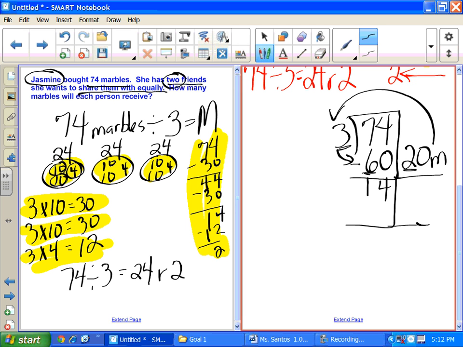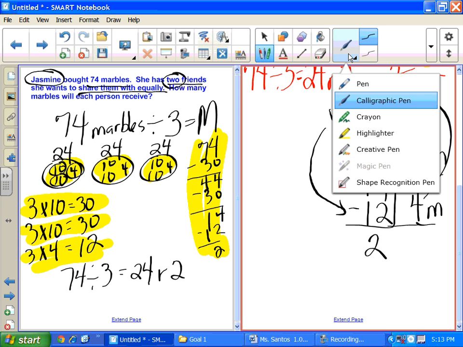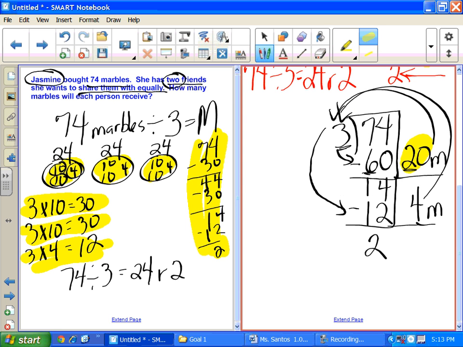We've already done this part, so we know that 4 marbles to each of the 3 people will use up 12 more marbles and leave us 2. As you can see, it didn't take us as many steps. Why? Because we grouped larger here. So 20 marbles with 3 gave us 60. So we used up 60 marbles instead of just 30 at a time.